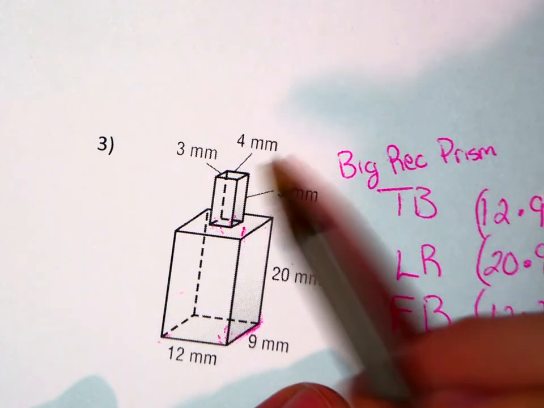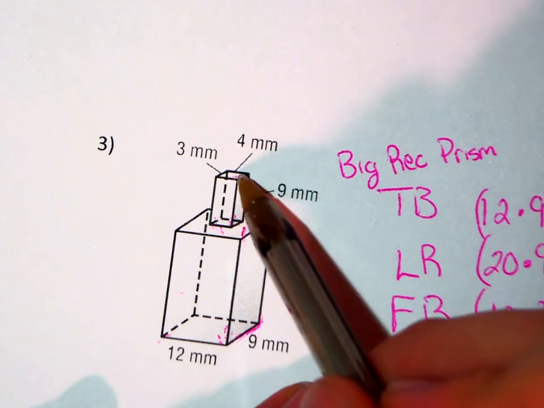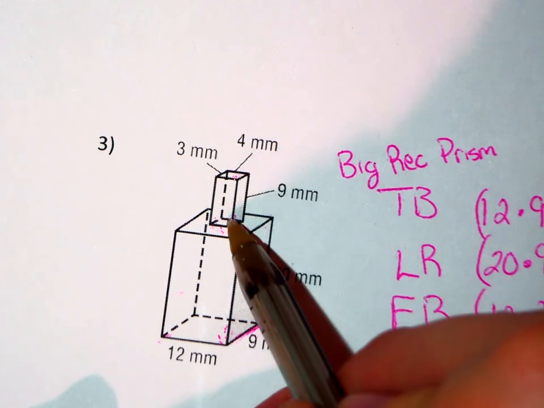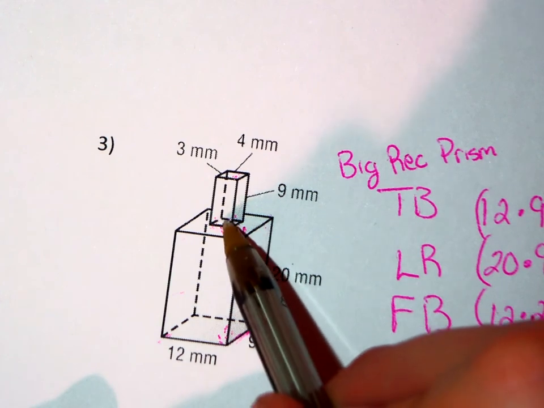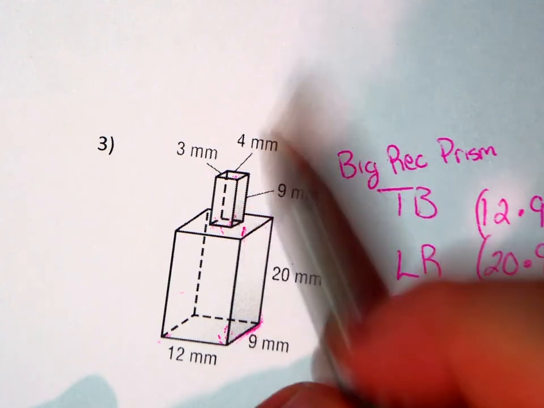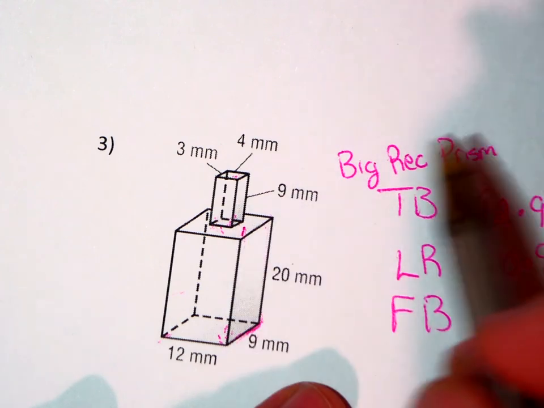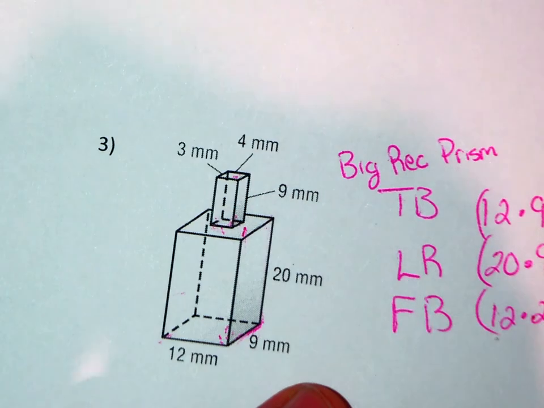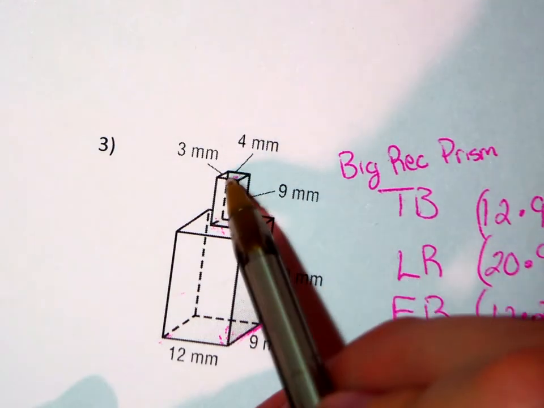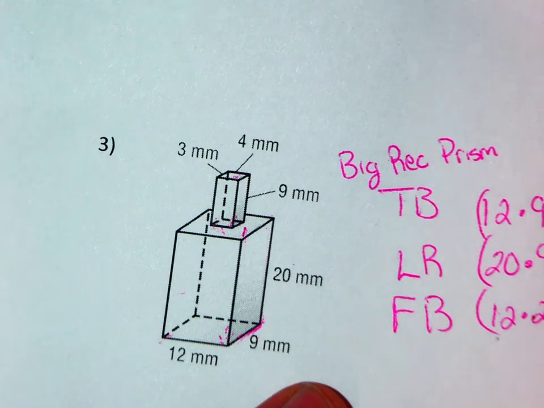I'm going to recognize that the top of the little rectangular prism is the same amount of area as the bottom. And rather than deal with subtracting that space from the big rectangular prism, I'm going to assume that that space was already part of the big shape and just not add it in when I calculate the small rectangular prism's area.